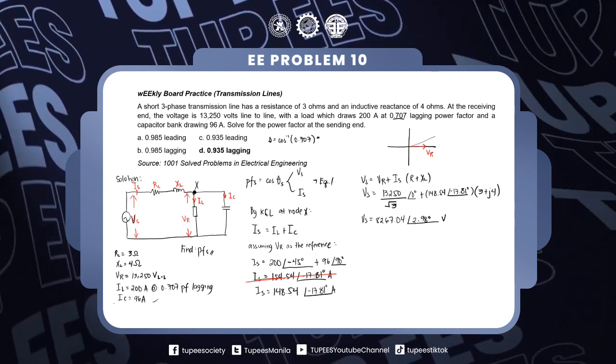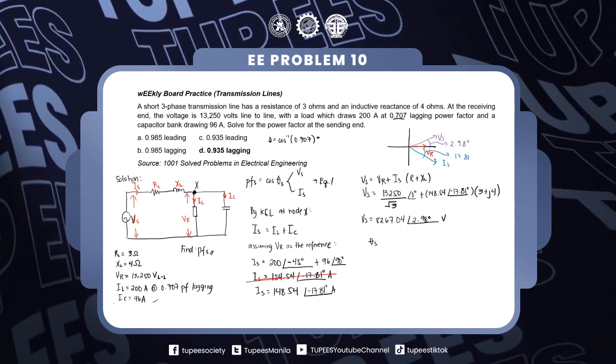VS is at an angle of 2.98, so it is around here. And our IS is at negative 17.81, so it is around here. If you notice, the angle between VS and IS is the sum of 17.81 plus 2.98.